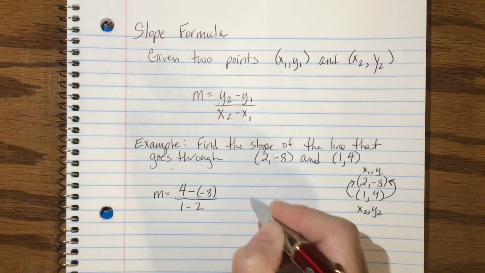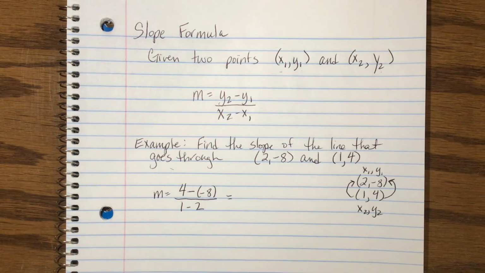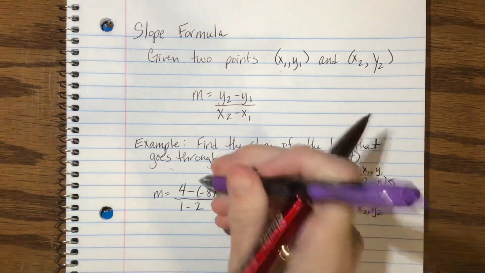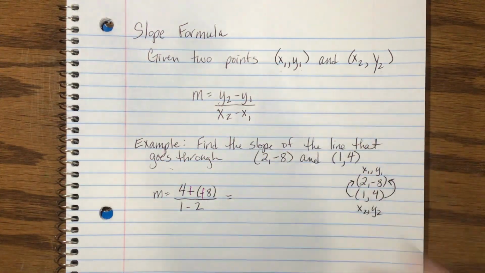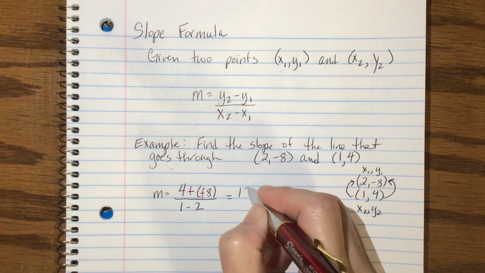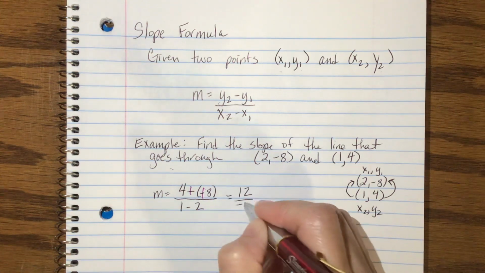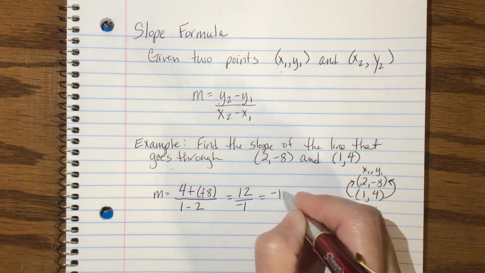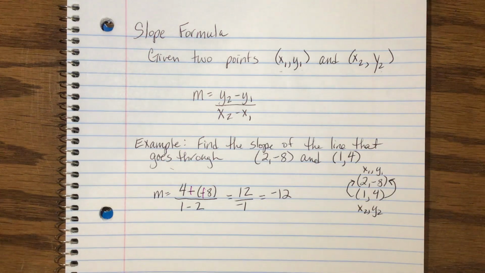So 1 minus 2. So my minus a negative here becomes plus a positive. So that's 12. 1 minus 2 is -1. So I get a slope of -12. So using the formula, it's just a matter of plugging the right number into the right spot and then using our order of operations.